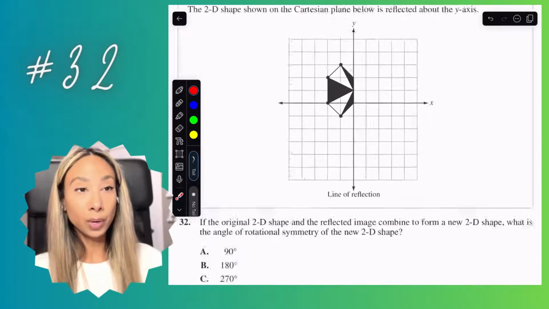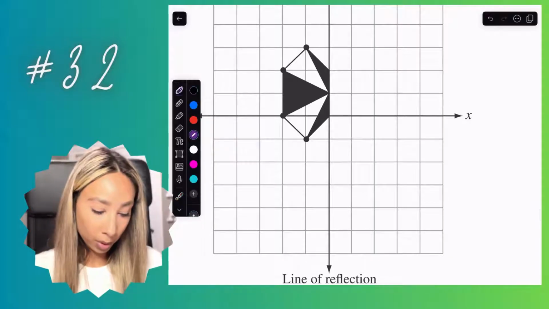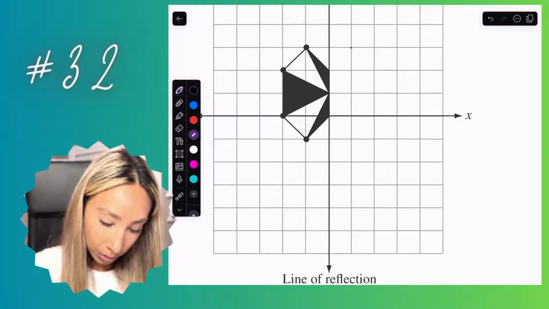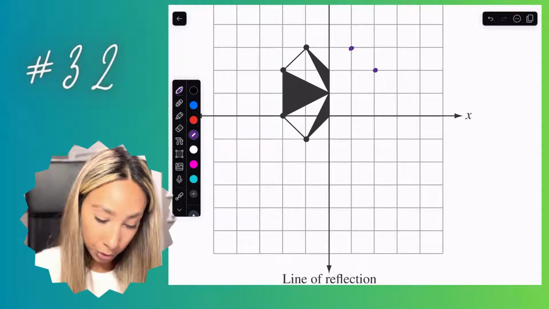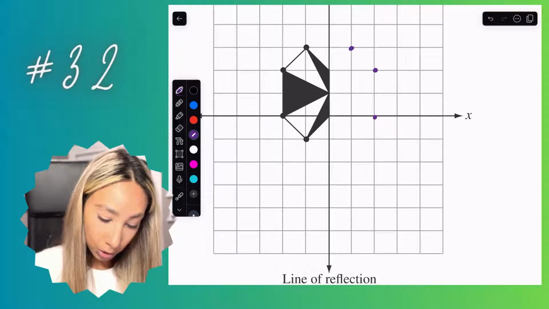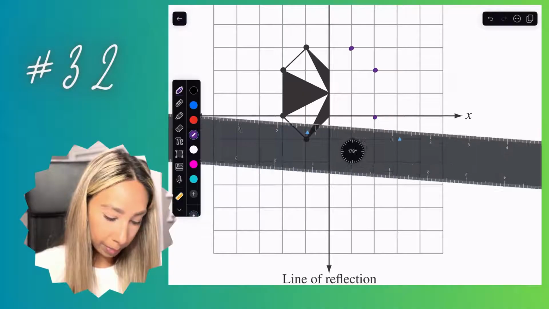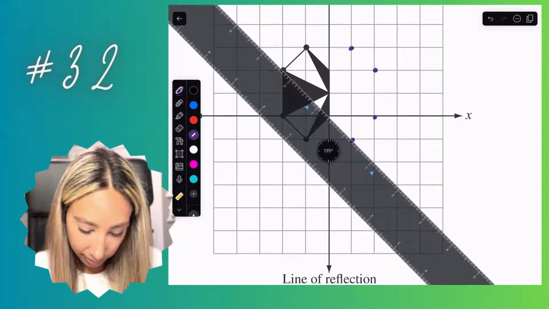So the first thing we're going to want to do with this is complete our shape. So just like last time, I'm going to use those points to help me out. And this time they kind of gave us the points because they do want you to draw it. And remember, with your PAT, you can always write on the PAT is what I'm trying to say, sorry.